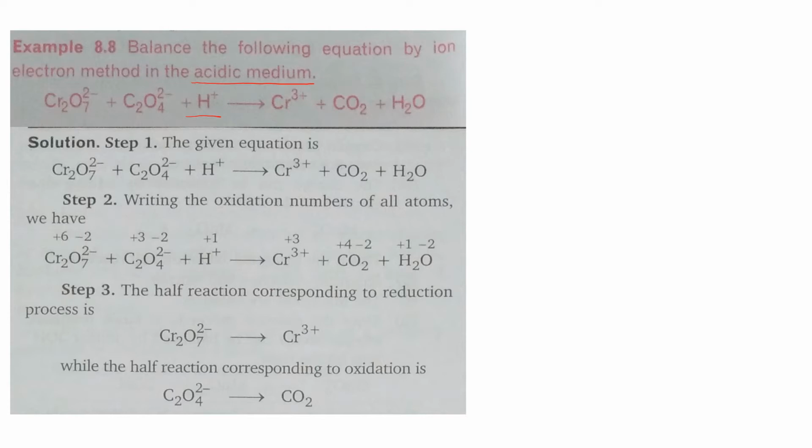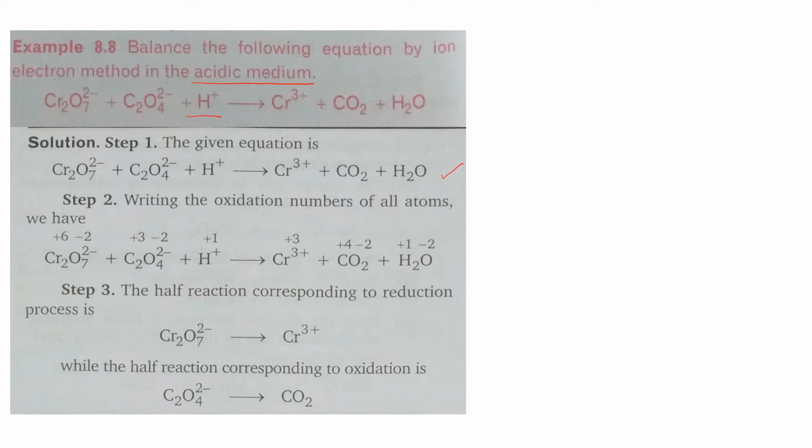Solution. The step 1, first write down the equation. Now step 2, write all the oxidation numbers. Okay. So you know how to write the oxidation number. You have written all the oxidation numbers. Now you have to see which species is undergoing oxidation and which atom is undergoing reduction.